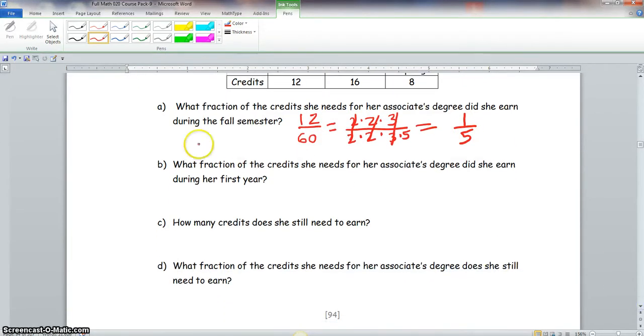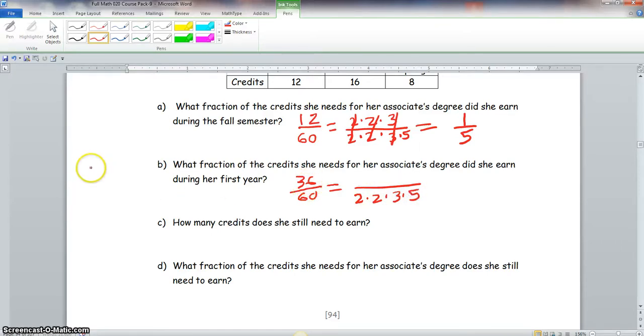Now we go here to B. It says what fraction of the credits she needs for her associate's degree did she earn during her first year? Now we add up all of these credits. 12 and 16 is 28, plus 8 is 36. So it's 36 over 60. Now we know the prime factorization of 60 is 2 2's, a 3, and a 5.